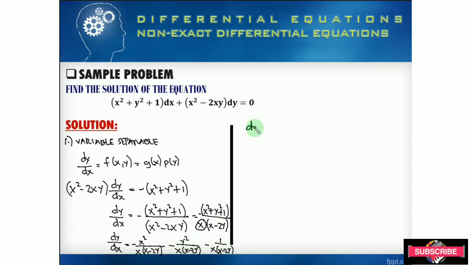So our dy over dx will not be in this form of this f function of xy, which is now equal to j as a function of x times p as a function of y. So this will not comply with this condition for the variable separable.